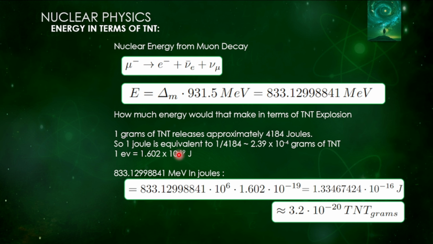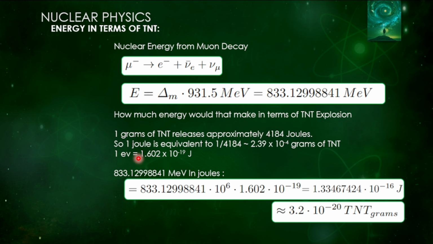So 1 joule is equivalent to 1 by 4184 grams, which gives you 2.39 times 10 to the power minus 4 grams of TNT per joule. So this amount produces 1 joule.